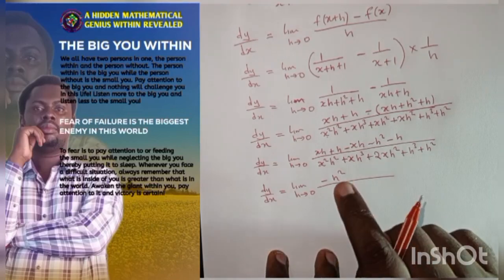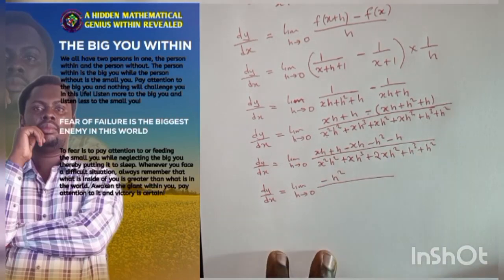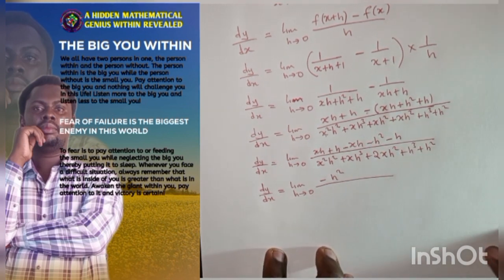Now if you look at the denominator here, we can see there is the highest common factor of h squared, so we can divide out h squared.